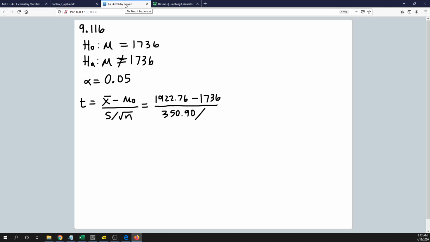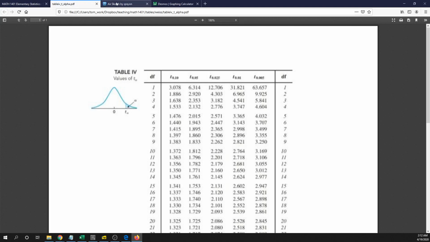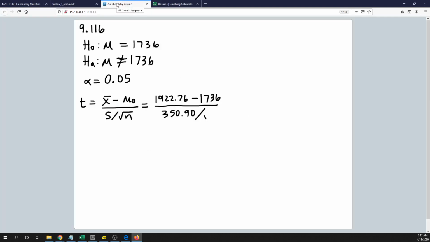And we are going to divide that by the square root of the sample size. It says that same year, 25 consumer units, so our sample size is 25. So we're going to divide by the square root of 25 there.